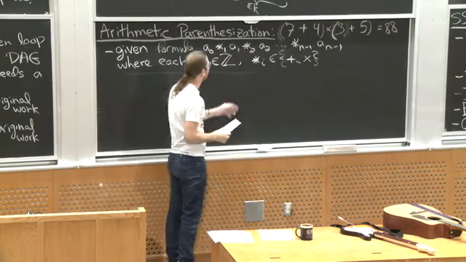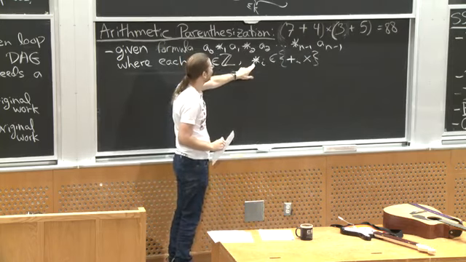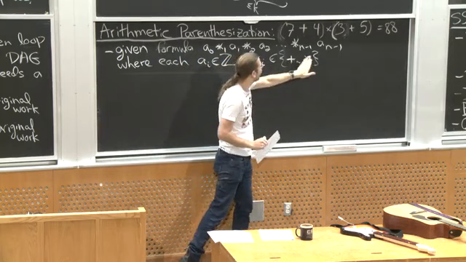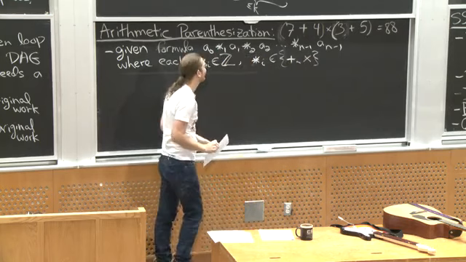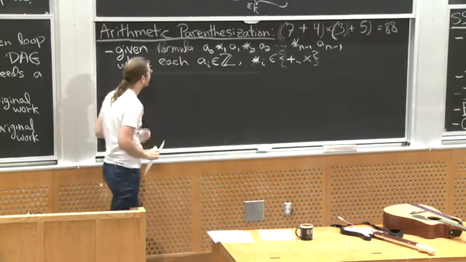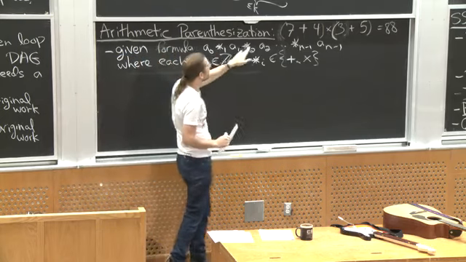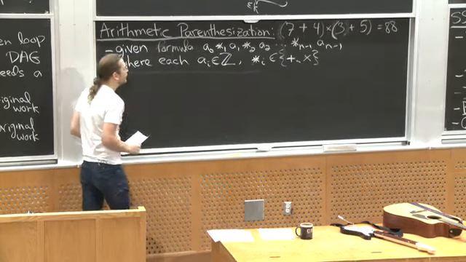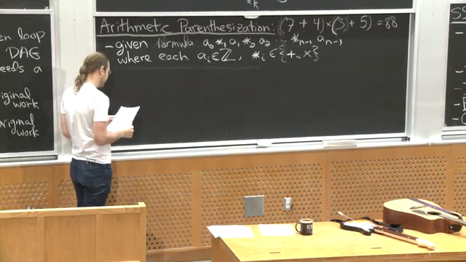I'm using star as a generic operator. It's clear. So you're given some formula, any mixture of plus and times that you like, involving n integers.